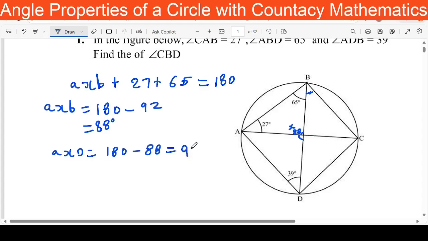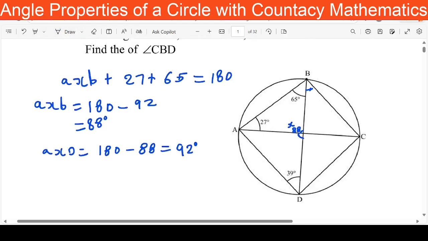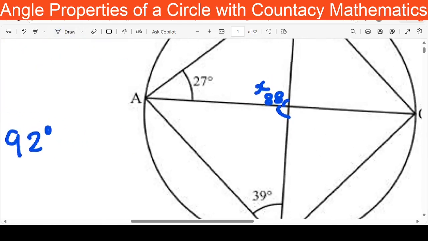So we write 92 degrees there, which then implies that this angle right here is 92 degrees.